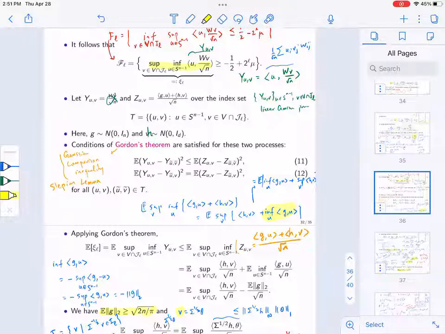We want to have, like if this int wasn't there, that would be a good idea. But even if that works, the int would be a little bit tricky. It's just the intersection of all of those, and these events are not independent, right?